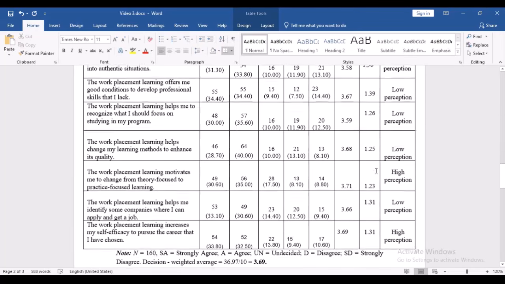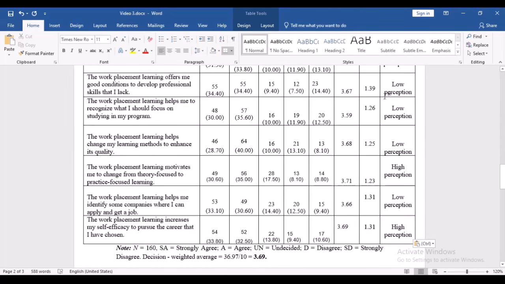When you have low perception, a negative finding or negative output, it does not necessarily mean that there is nothing to learn from it. There is something to learn from it. What you need to do at this point is to see how you can make meaning of the finding. Why is it so? Why do the majority of the students have low perception of this? That should be what you make as your contribution.